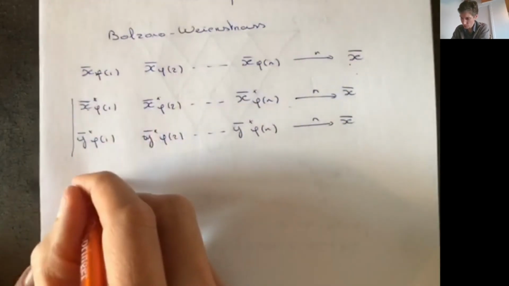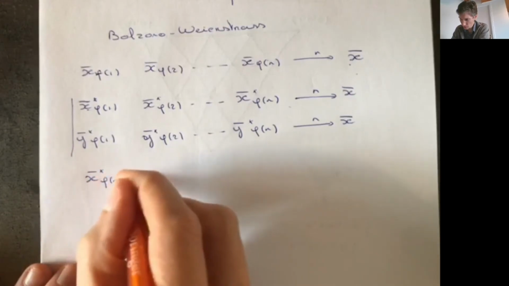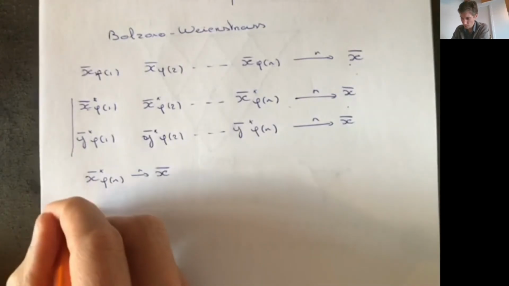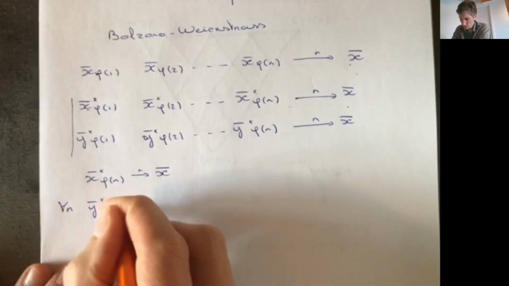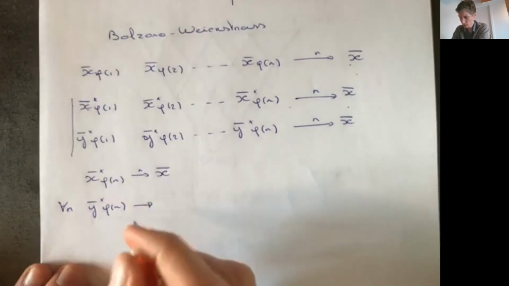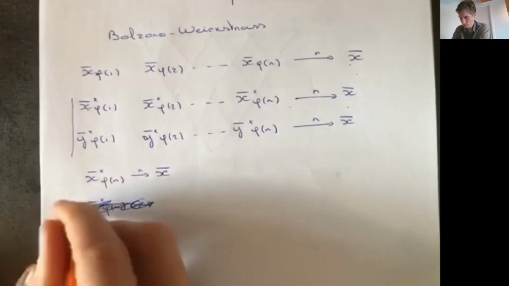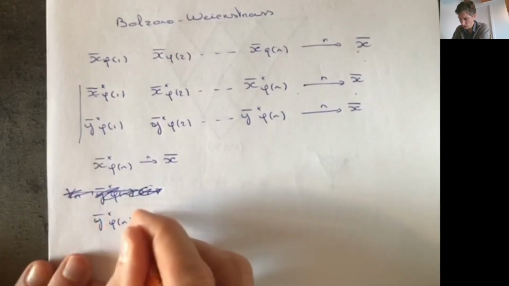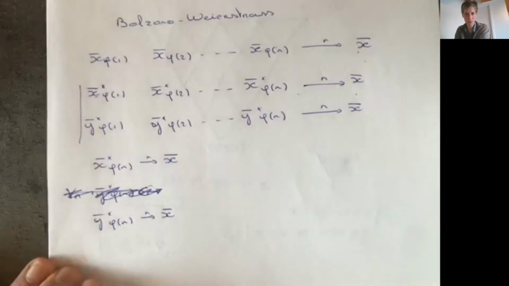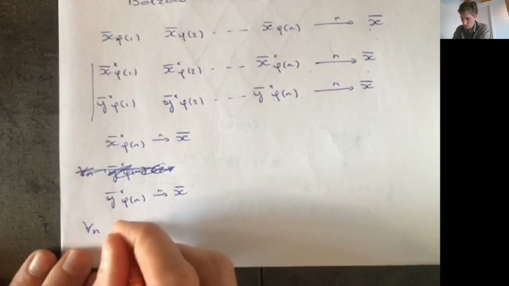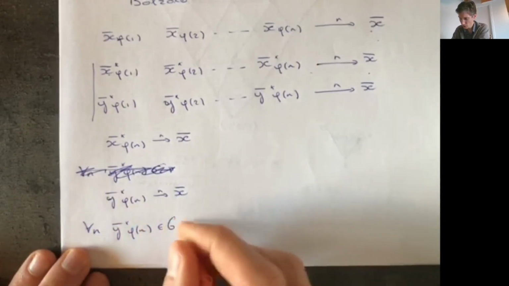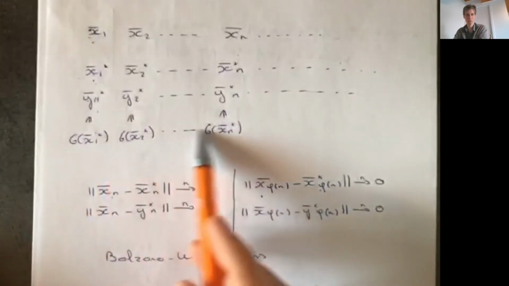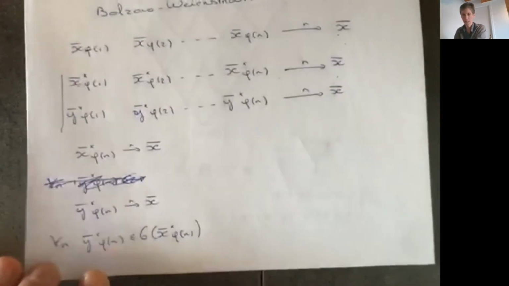So here we have a sequence x star phi n that converges to this limit x, and we have a sequence y star phi n that converges to the same x, and for all n, y star phi n is in G of x star phi n. This follows from the property that we have listed here.